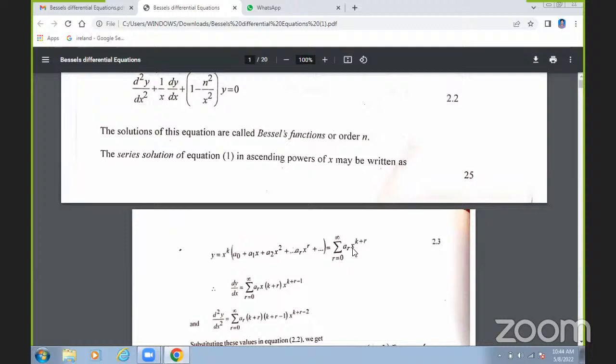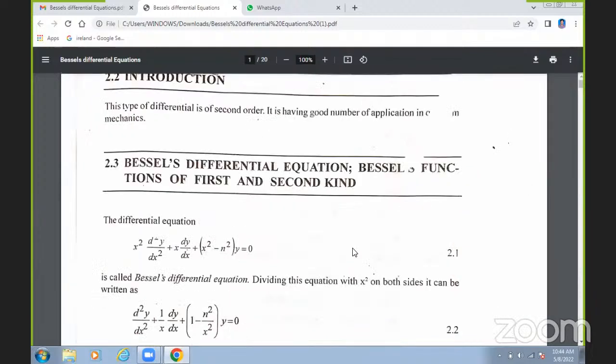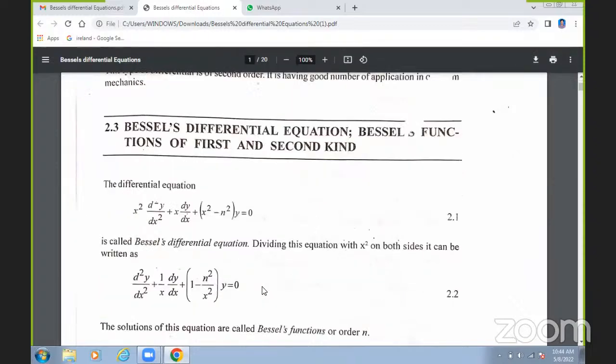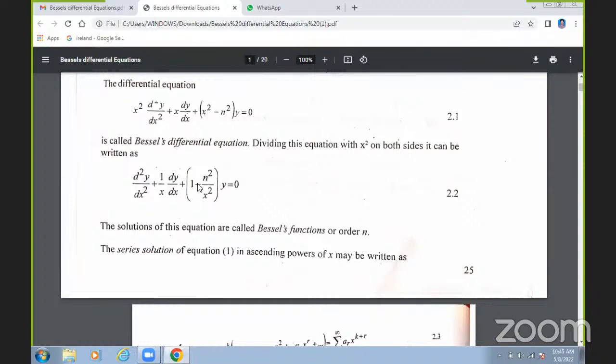So if you divide by x square on both sides, we get d square y by dx square, because x square gets cancelled, plus in the second term 1 by x dy by dx, and in the third term we can write 1 minus n square by x square, because we have divided by x square.